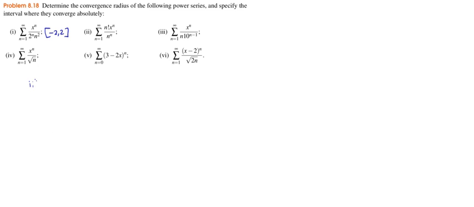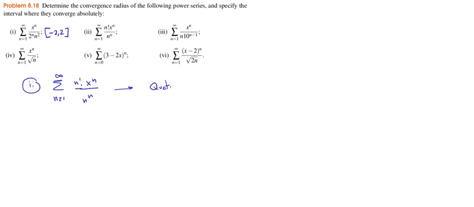Now for the second one, we have the sum for n equals 1 to infinity of n factorial x to the n over n to the n. In this case, instead of doing the root test, I'm going to use the quotient test.